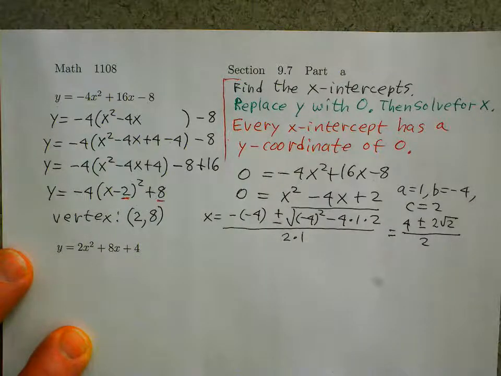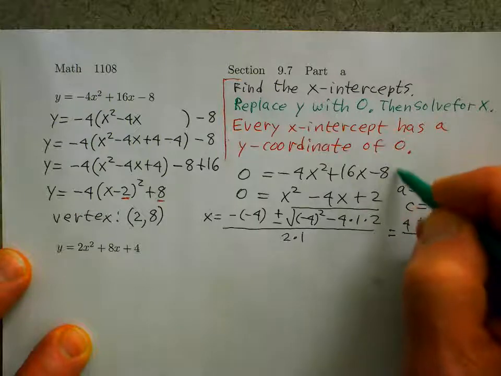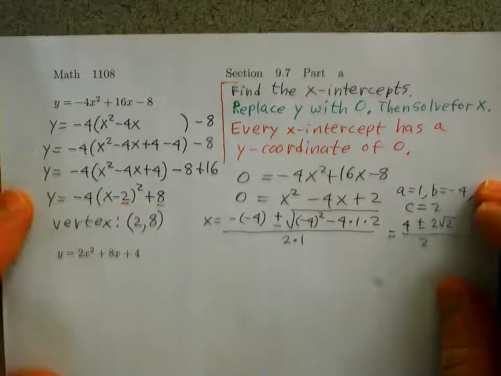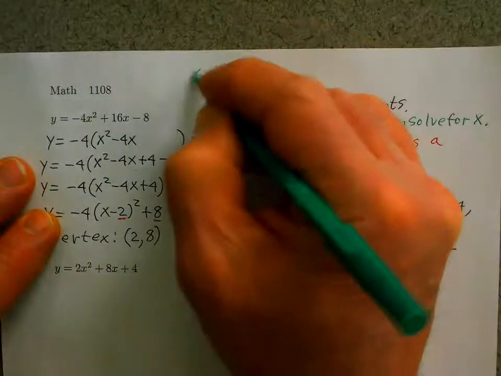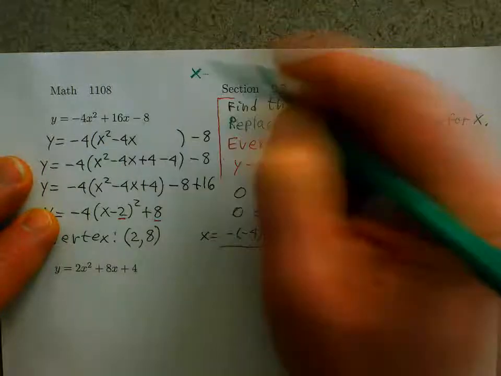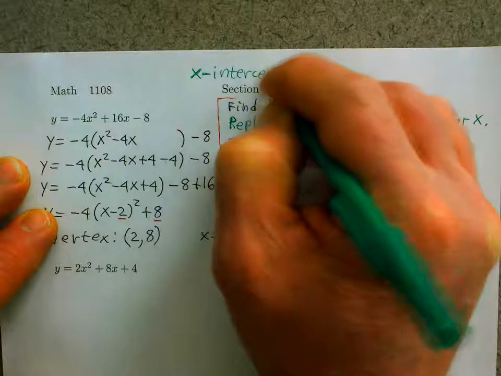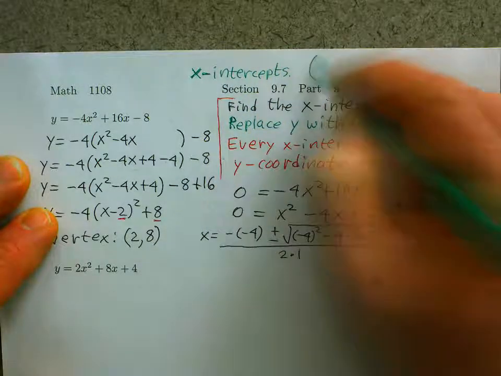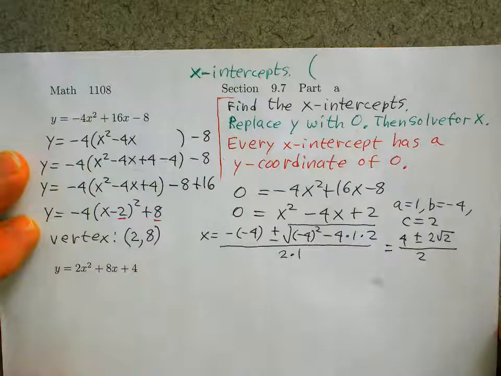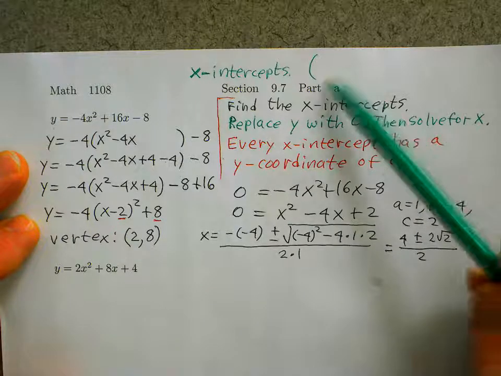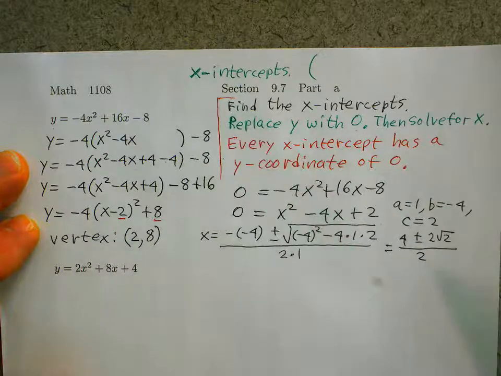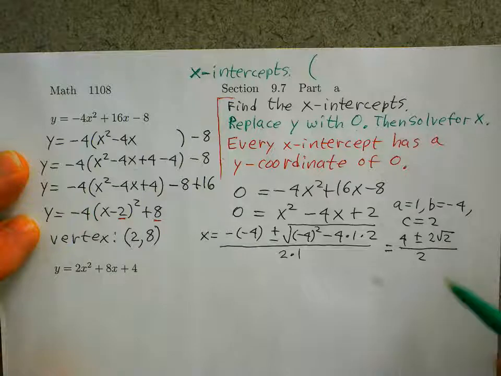So I guess up here I'll write the x-intercepts since I took up all of that space. Remember, a point in the xy plane is associated with an ordered pair. An x-intercept is a point in the xy plane.